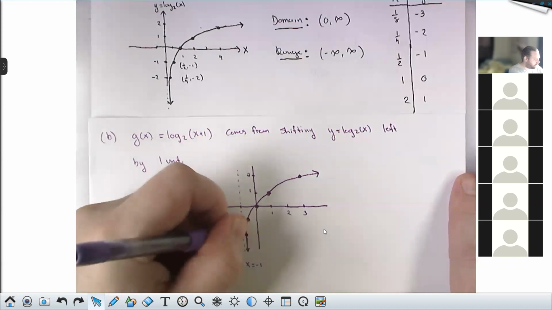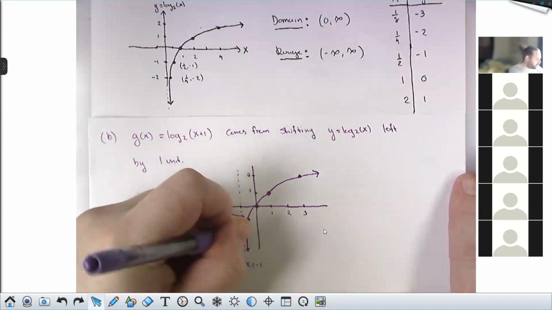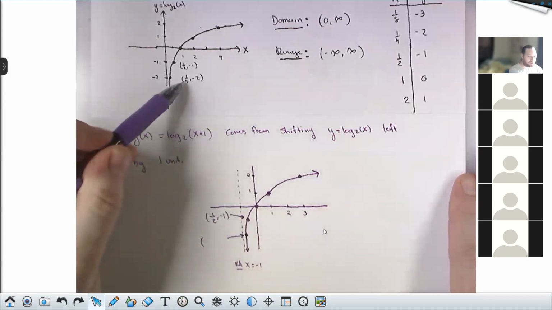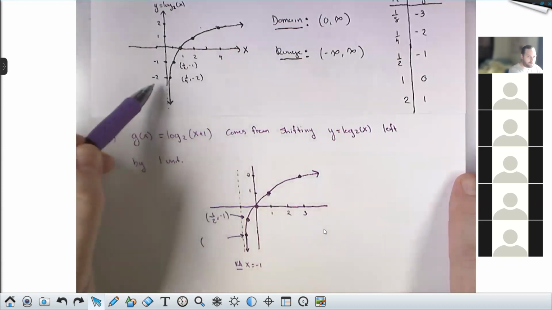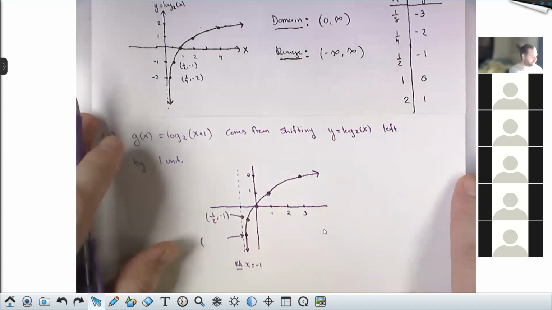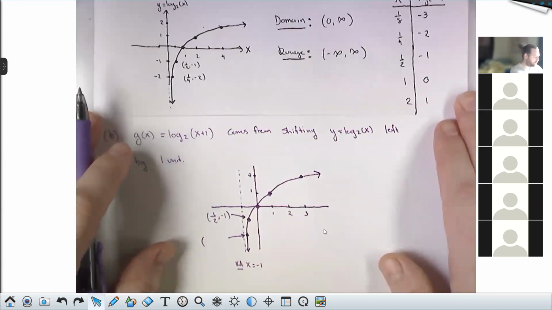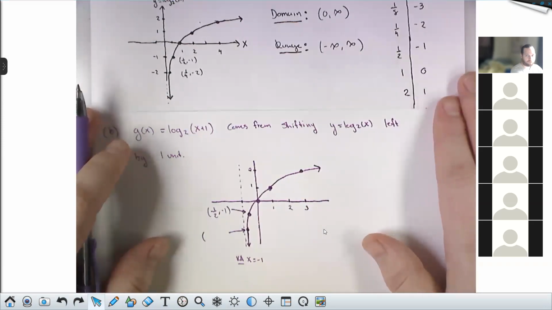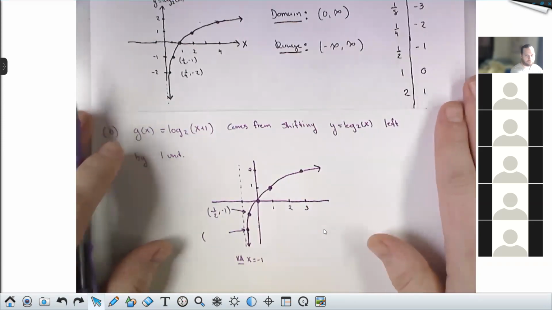And what about the point (1/4, -2)? Where does he go? If I take this guy to the left by 1 unit, where does he go? -3/4.